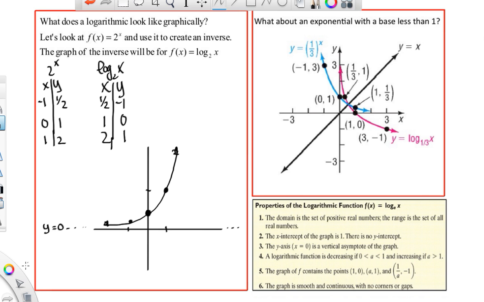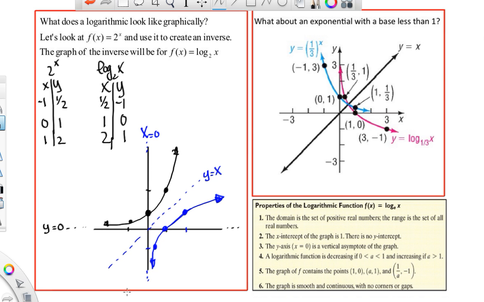So at 1 you should be at 0. At 2 you'll be at 1. And at a half will be at a negative 1. And you can see graphically that it does seem to mirror in the line y equals x. That's one thing you should know. And I also want to point out that if y equals 0 is an asymptote, then for the inverse, x equals 0 is an asymptote.